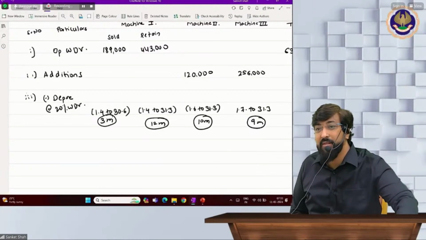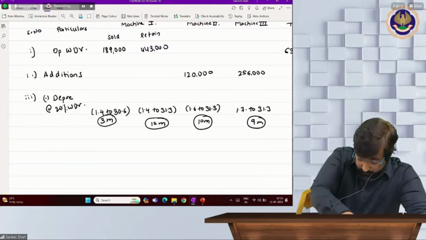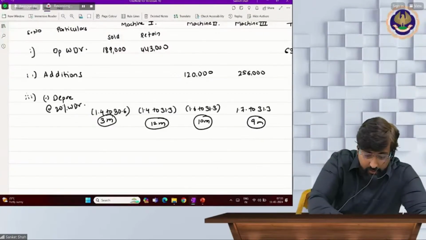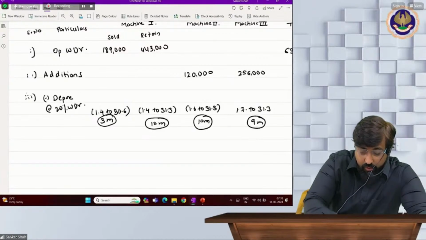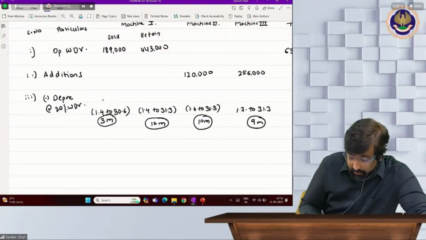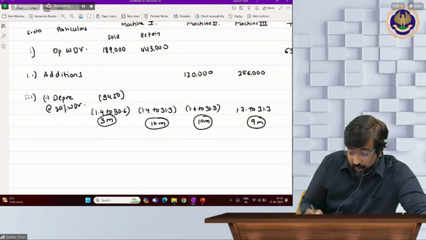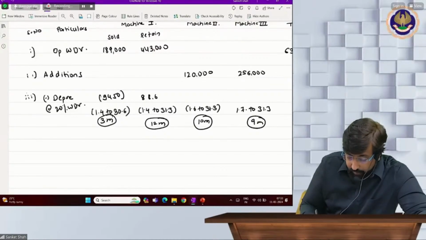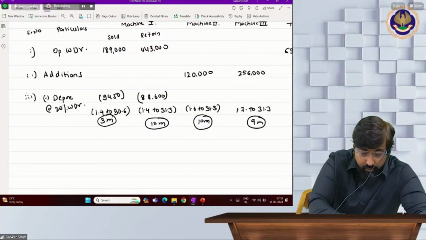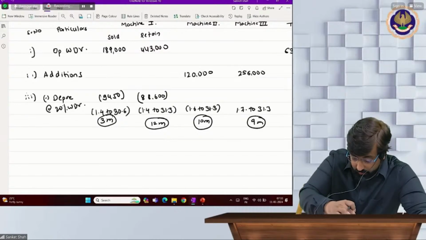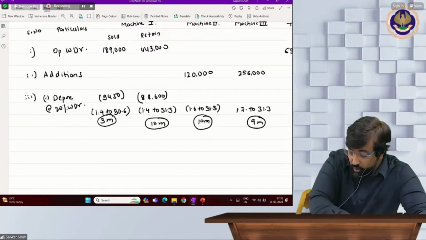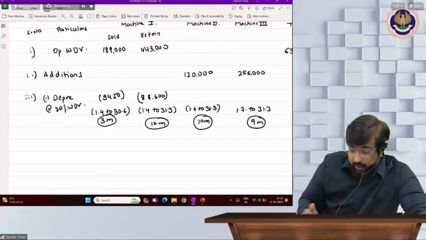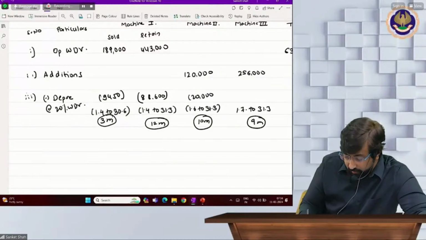So now tell me the answer, beta. Chalo, fatafat bolo. 1,89,000 into 20% into 3 by 12, sorry, 9,450. Here it is for full year, so 4,43,000 into 20% is 88,600. 1,20,000 into 20% into 10 by 12, so you are getting the answer 20,000 here.